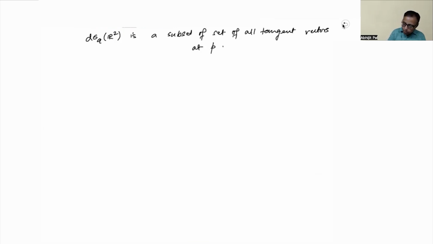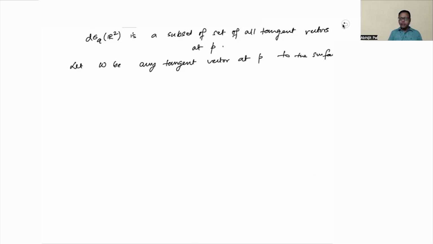So now let us take any tangent vector at the point P. So let W be any tangent vector at the point P to the surface S.